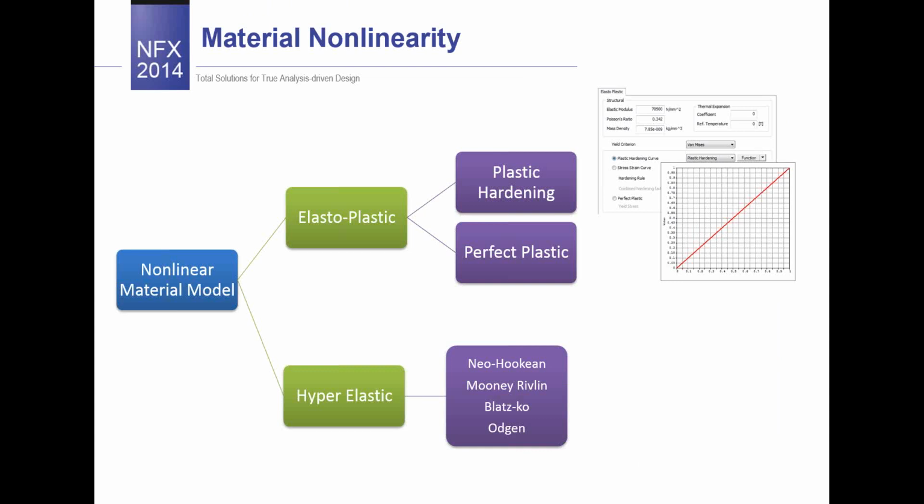This type of material is nearly incompressible, and what you should remember is that the Poisson's ratio is very close to 0.5. And Midas NFX supports the following hyperelastic material laws: Neo-Hookean, which is the most simple approach, Mooney-Rivlin, polynomial, Blatz-Ko, and Ogden.